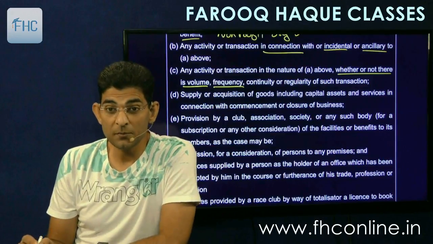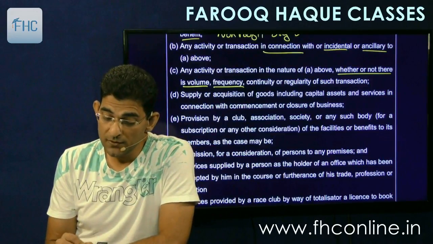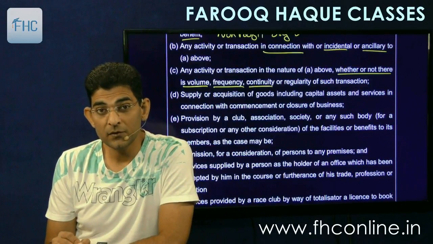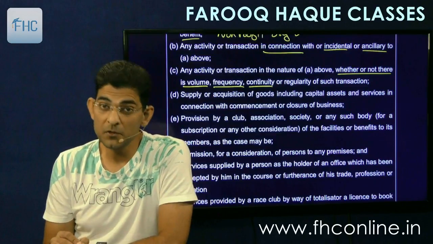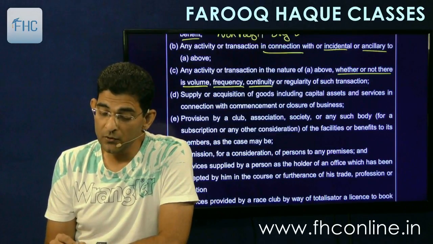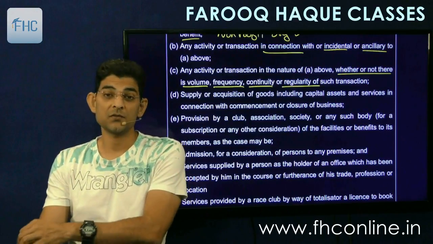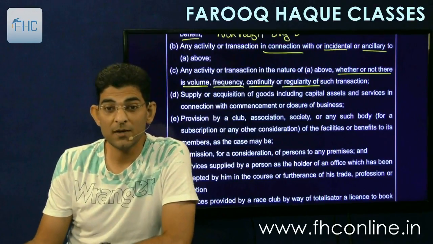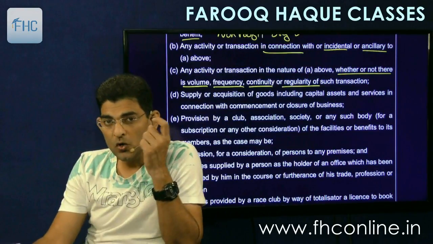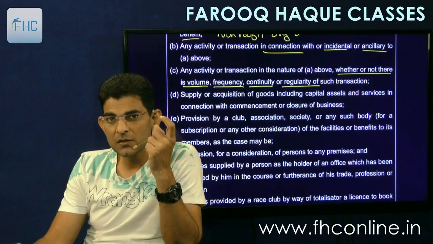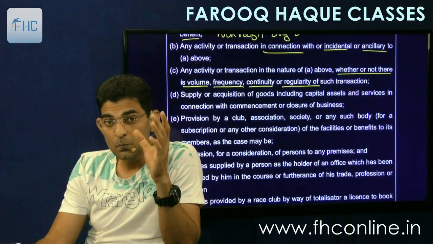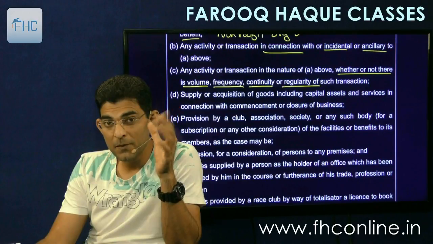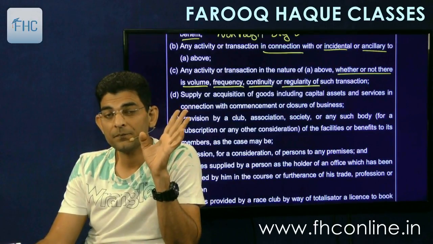So frequency is also immaterial. Continuity is also immaterial, whether you continue for a very long time or a very short time, or regularity of such transactions. All these are immaterial. If the core element is of business, the intention was to buy and sell and make income, make profit, then it is business.